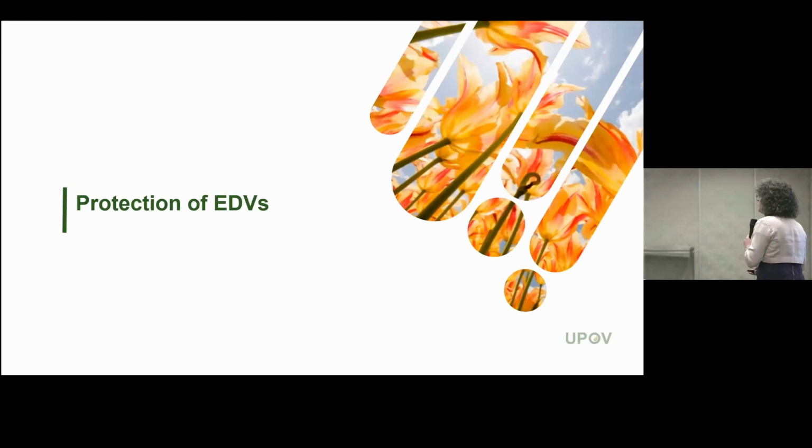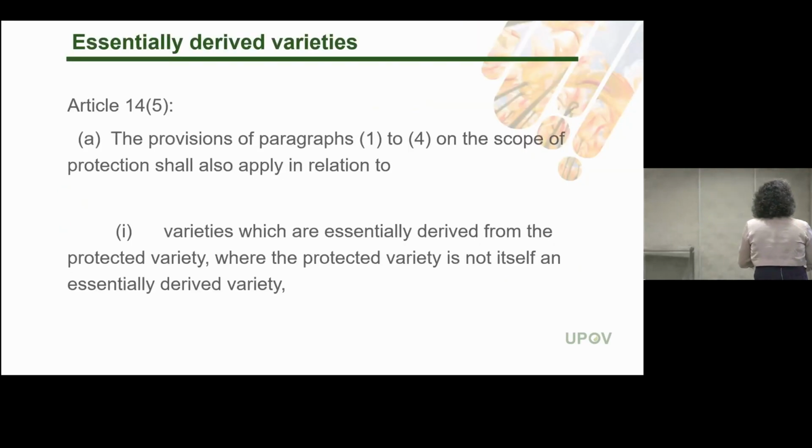So let's look into what is provided under the UPOV Convention by the essentially derived varieties. So this concept was introduced under the 1991 Act of the UPOV Convention. And as you can see, the scope of the breeder's right to the protected variety extends also to essentially derived varieties.